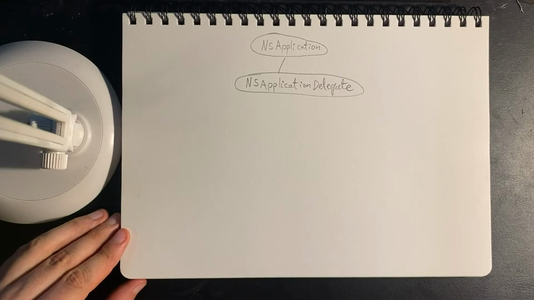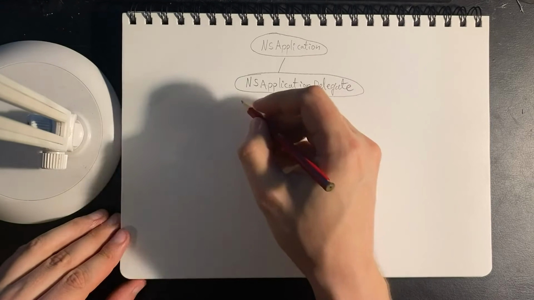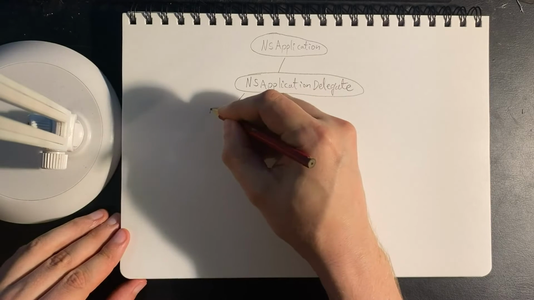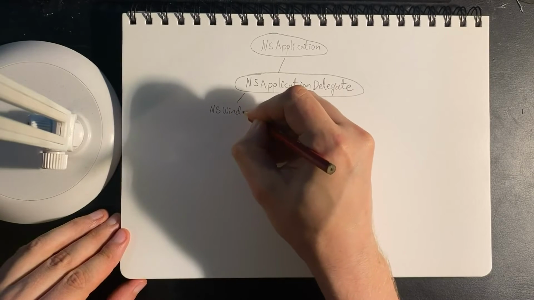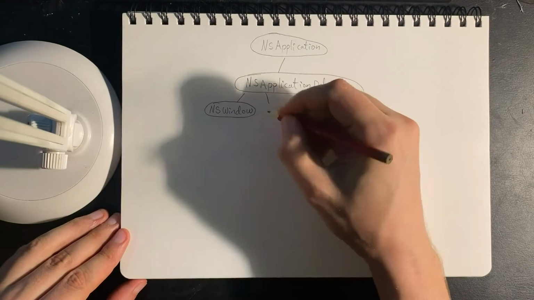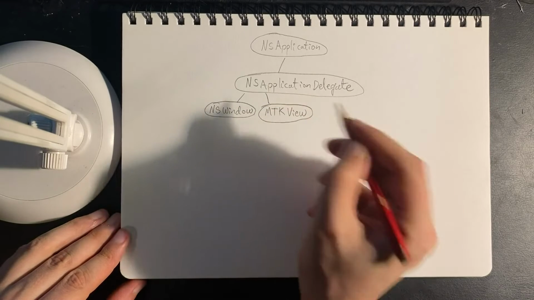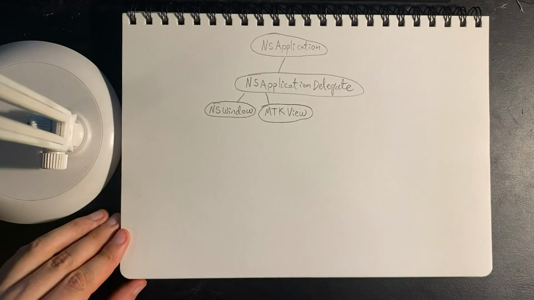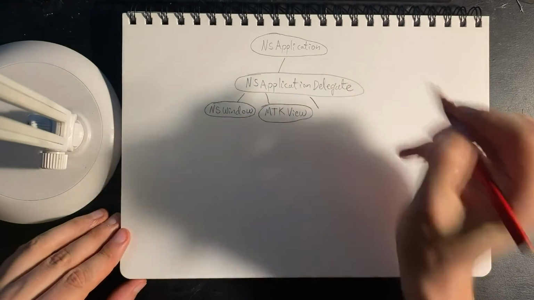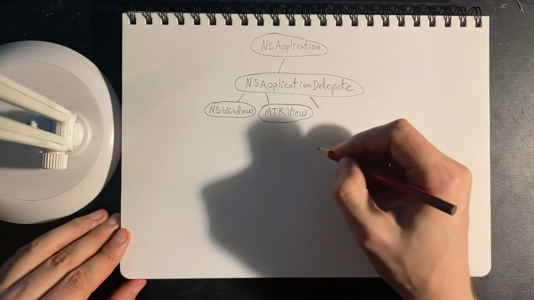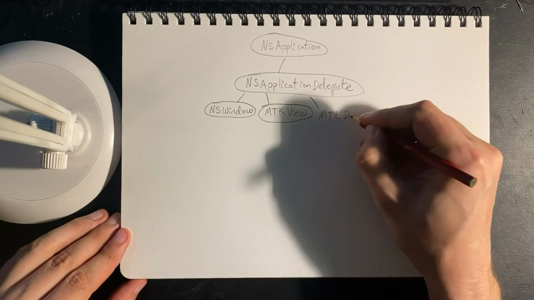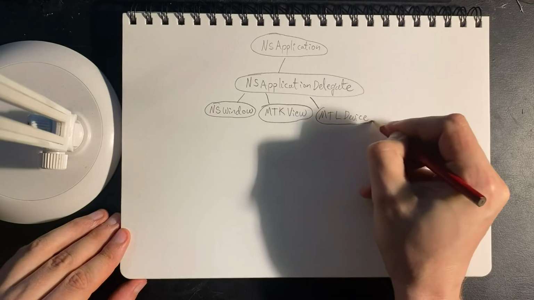Now that NSApplicationDelegate will own a few other resources. We'll have an NSWindow, a MetalKit view. MetalKit is a package which makes using Metal a little easier, has some good quality of life, like some time savers. We'll also own a Metal device.